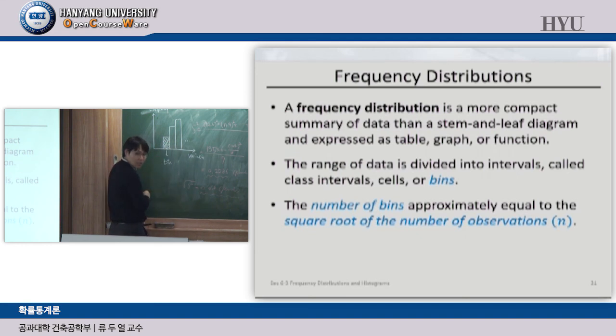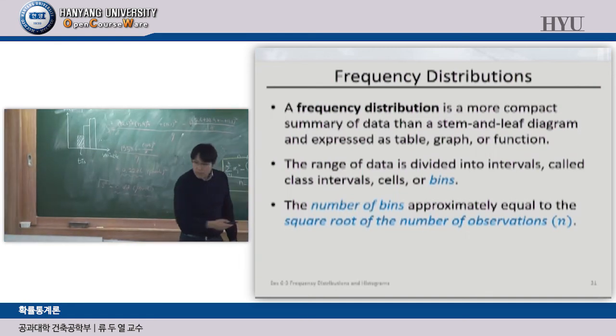So here, the number of columns in the histogram is approximately equal to the square root of the number of observations. This can be explained again in a later slide, so you can easily understand.